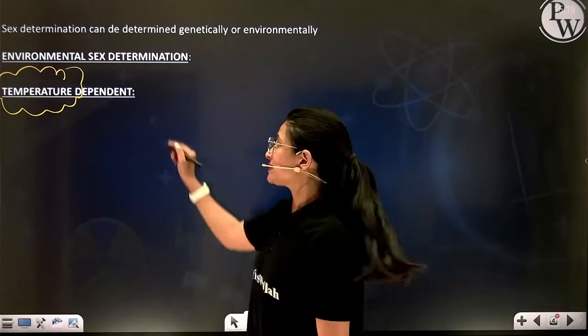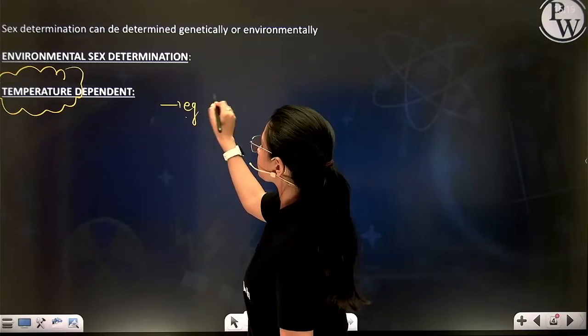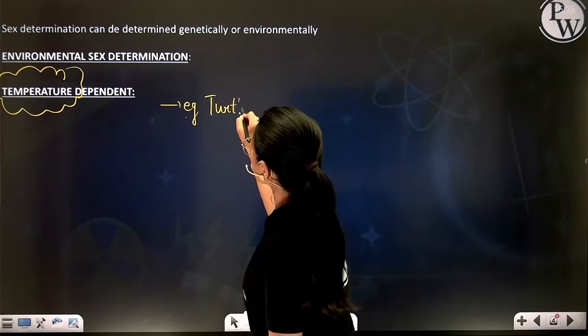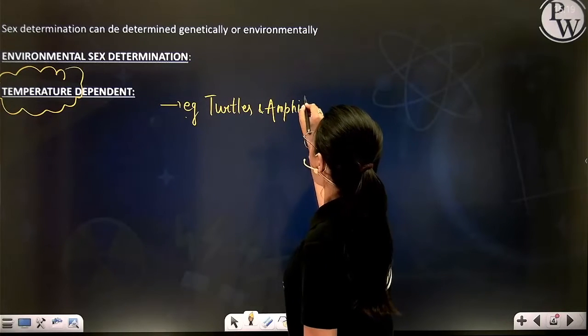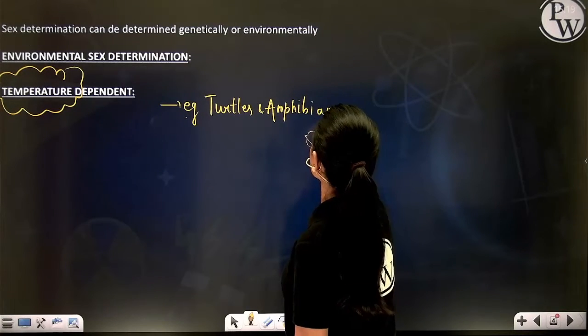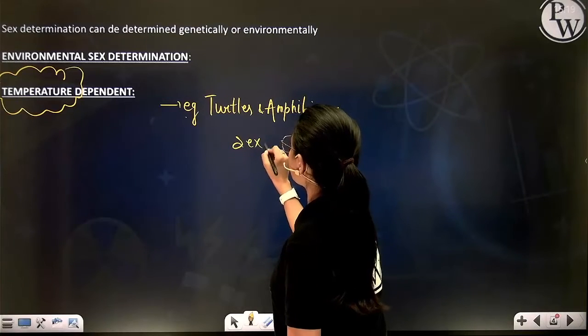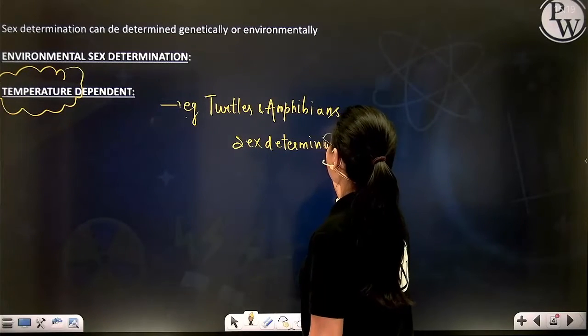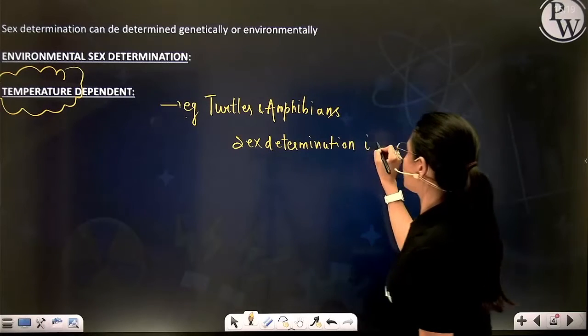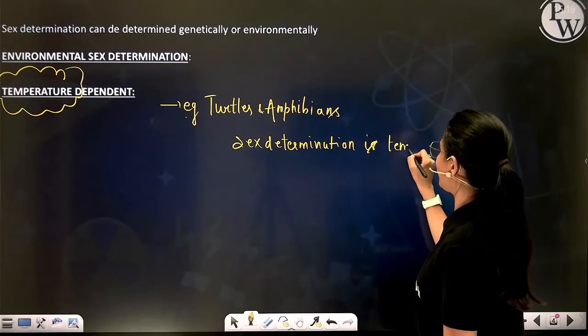So for example, in case of turtles and amphibians, sex determination is temperature based, not chromosomal based.